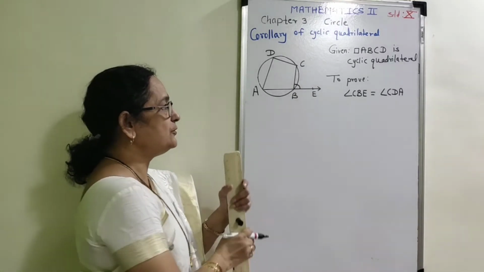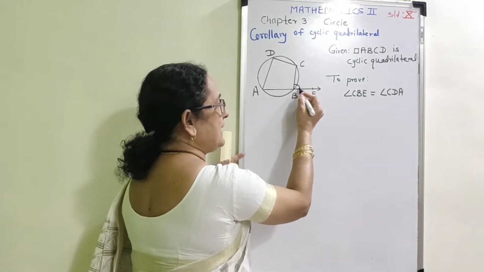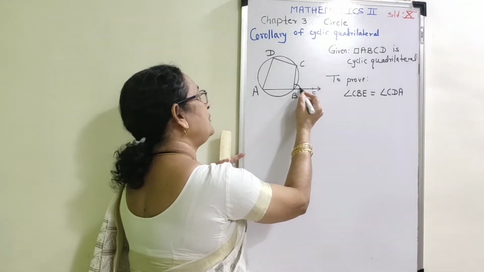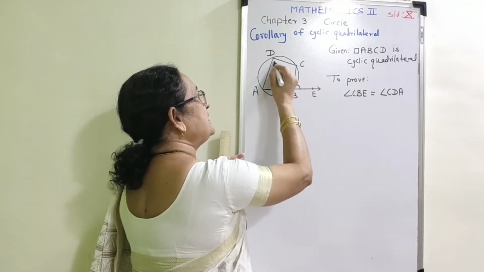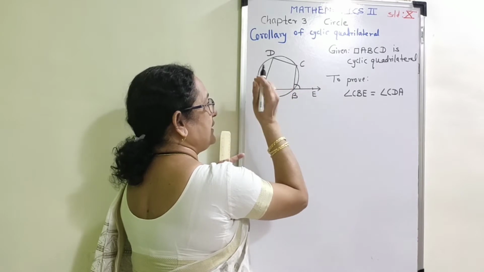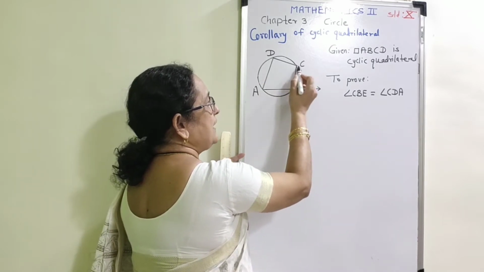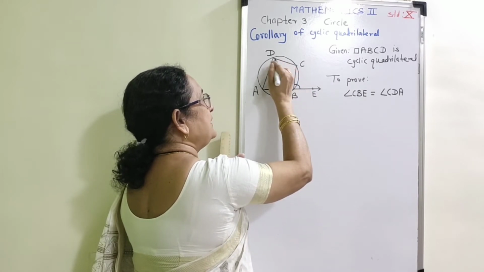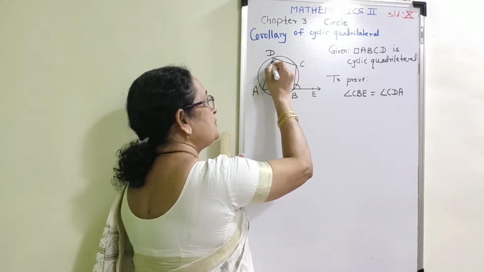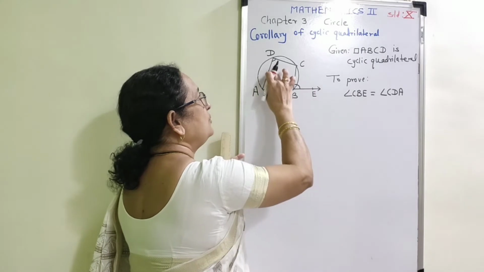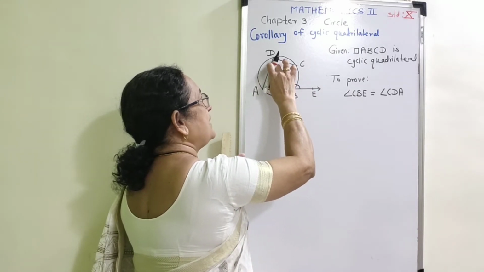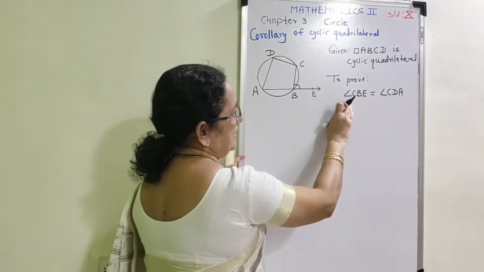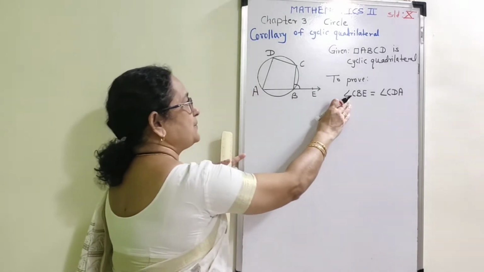Now we are going to prove that this exterior angle is always congruent to the opposite angle of its interior angle. Now its interior angle is angle CBA and its opposite angle is angle D. Here you are going to prove that this angle D is congruent to this exterior angle. Now observe the statement which you are going to prove.